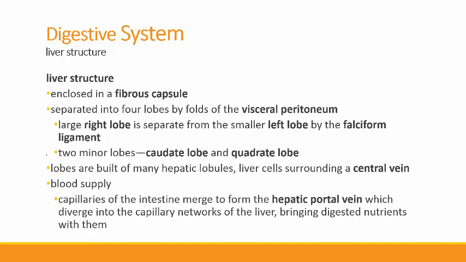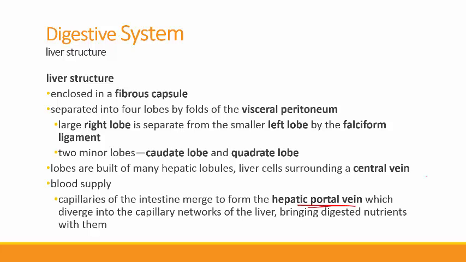So if you remember, we talked about portal systems a little bit already. A portal vein is a vein that is in between two capillary networks. Normally we think about blood flow coming through an artery to an arteriole to a capillary network, then into venules and into veins, and then back to the heart to be recirculated.